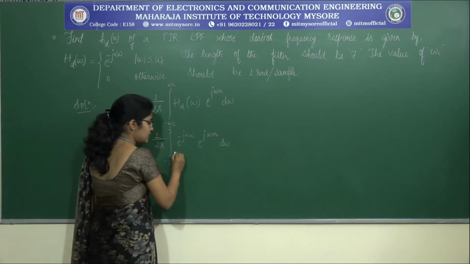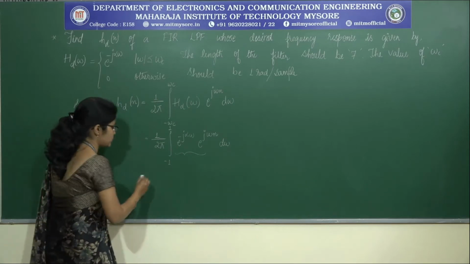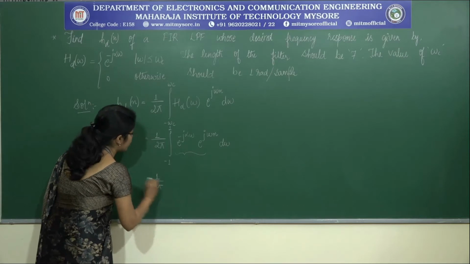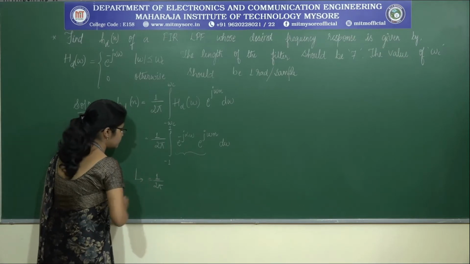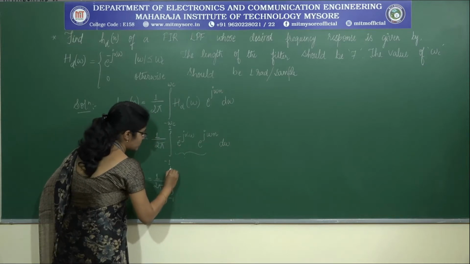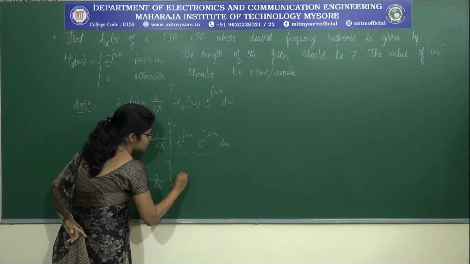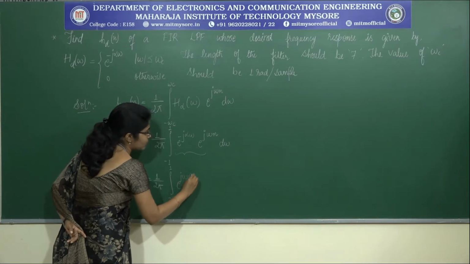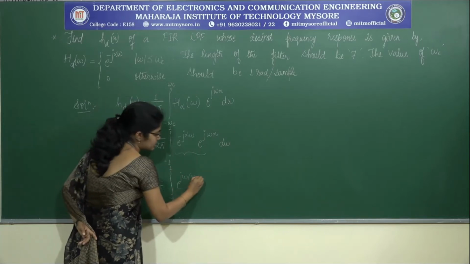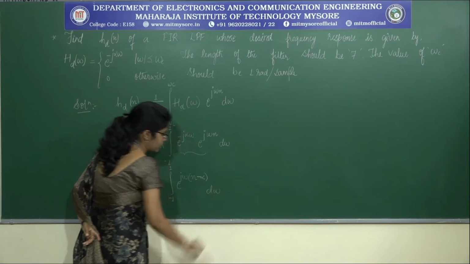Now, let me write these two exponential terms as a single exponential term. So hd of n will be equal to 1 by 2 pi integral from minus 1 to plus 1 of e power j omega, taking j omega as a common factor, the term left out is n and the other term is minus alpha, into d omega.